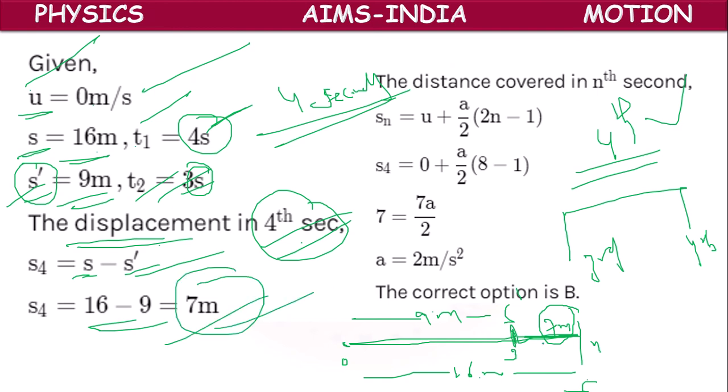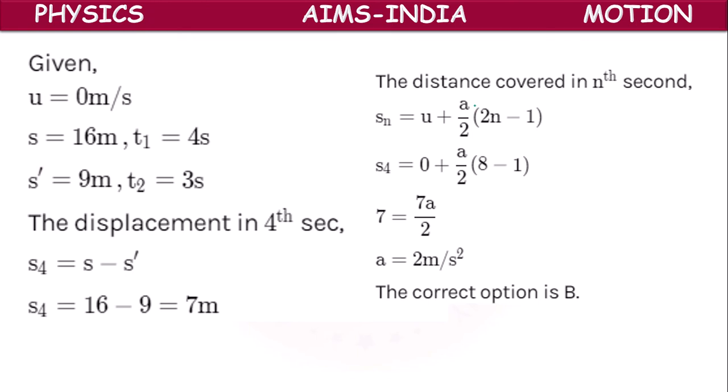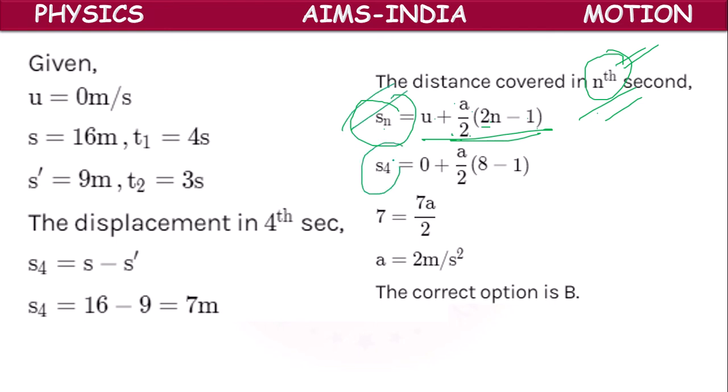But the distance covered in the nth second, one particular second, is given by u plus a by 2 into 2n minus 1. But here instead of Sn, we have S4 because it is the fourth second. U value is 0. A value, let's keep as it is.